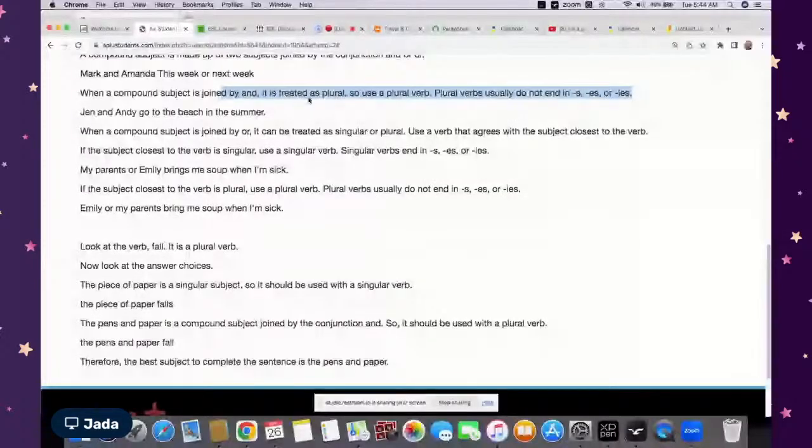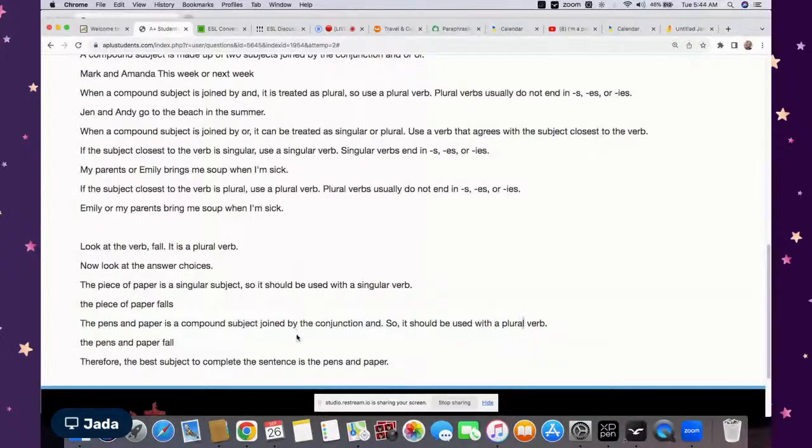So we had "and" in the sentence, so that means the subject was treated as plural because of the "and." And we're talking about a compound subject joined by "and," right? Okay. So yeah. Now the pens and paper is a compound subject joined by "and," so it should be used with a plural verb.